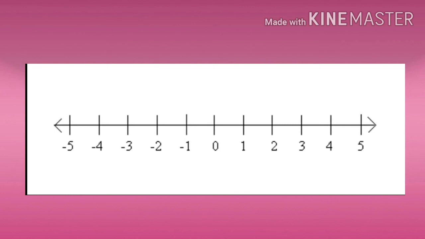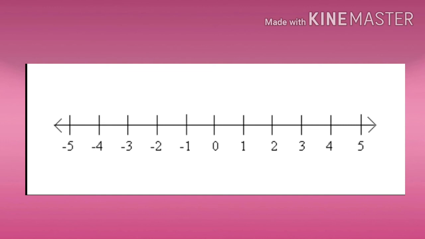Root 3 is equal to 1.732 etc. Not exactly 1.7. A little bit more than 1.7, 1.732 etc. So how can we represent all these irrational numbers on a number line?